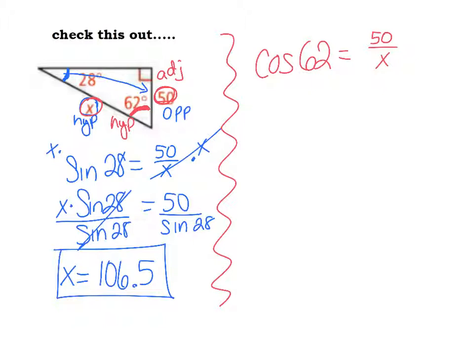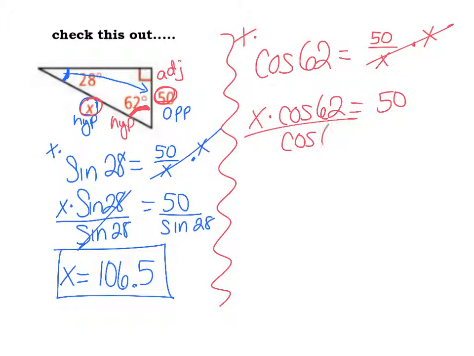And then this is that scenario where the x is in the denominator, so I'm going to multiply both sides times x. I have x times the cosine of 62 equals 50. Divide by the cosine of 62. X is equal to, let's try it, 50 divided by cosine 62.